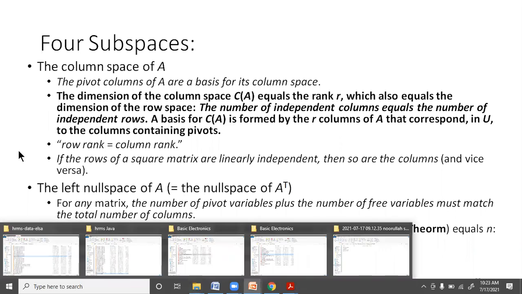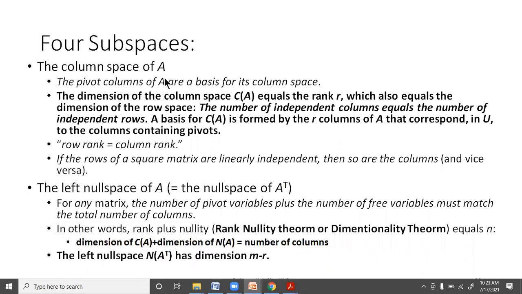Okay, so we know the column space of A. To find the column space of A, we need to do the reduction, that is basically the Gauss elimination method. After using Gauss elimination, we need to find which are the pivot columns and which are the free columns. Once you find them, you take the linear combination of the pivot columns in the original A matrix, not the U or R matrix.